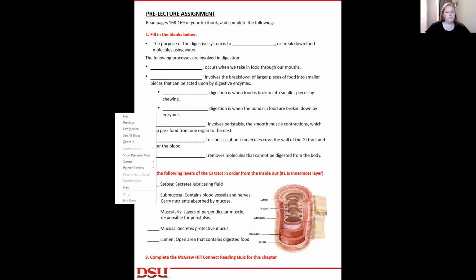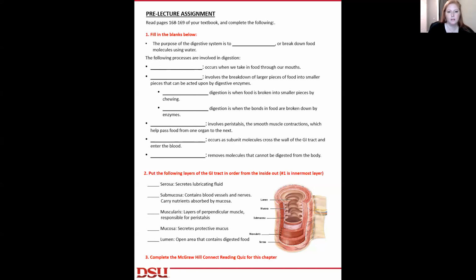Okay, so the first one, the purpose. The purpose of the digestive system is to hydrolyze or break down food or food molecules using water.